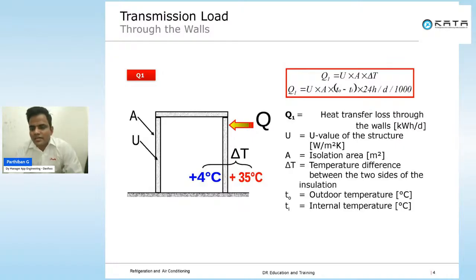A is the area of the wall through which the heat is entering. If you're calculating for the north wall, it will be the area of the north wall. If you're calculating for the south wall, it will be the area of the south wall. Delta T is the temperature difference between outside and inside. If you see this picture, the difference between 35 and 4, which is 31, will be the delta T. So this is a very simple formula.